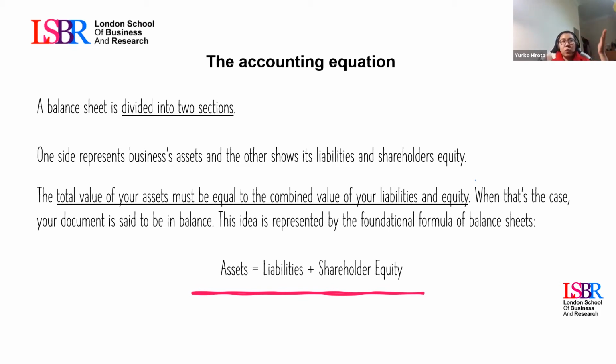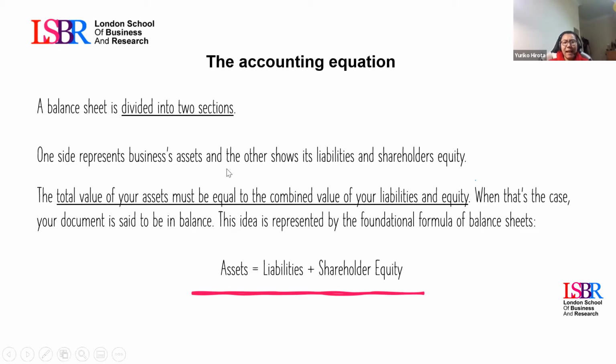In the assets, we have all the rights, all the things that the company has. Liabilities represent all the obligations. And equity is the pure money, the money that the company has.